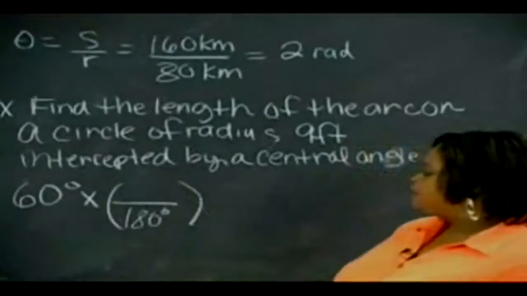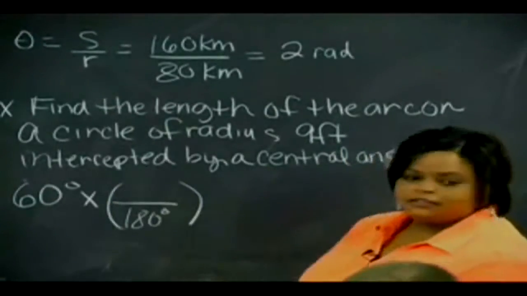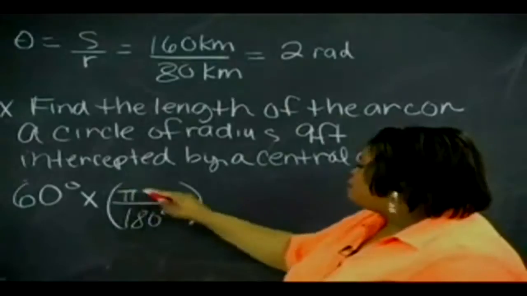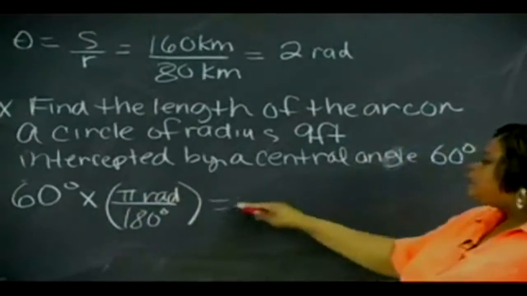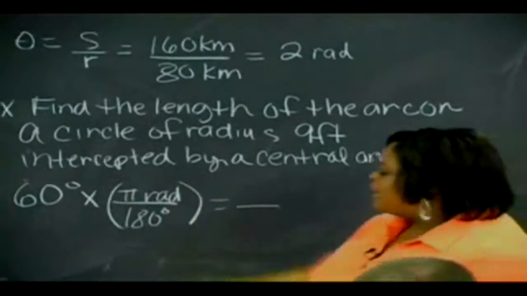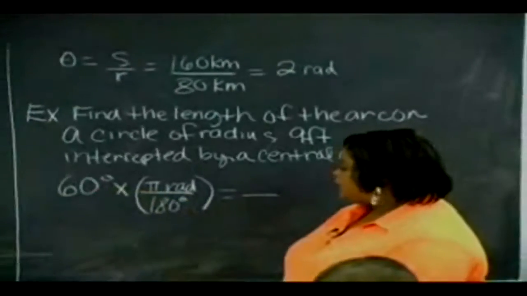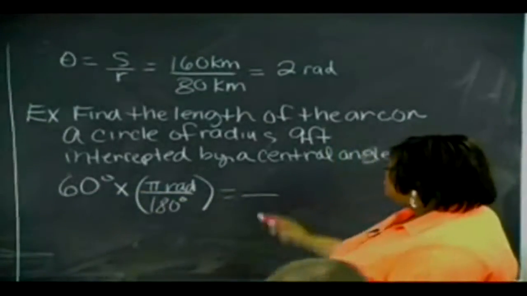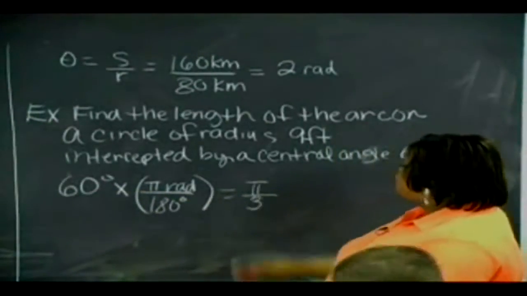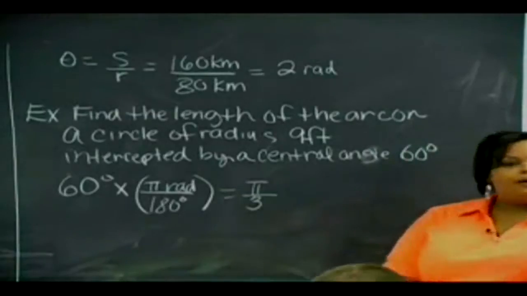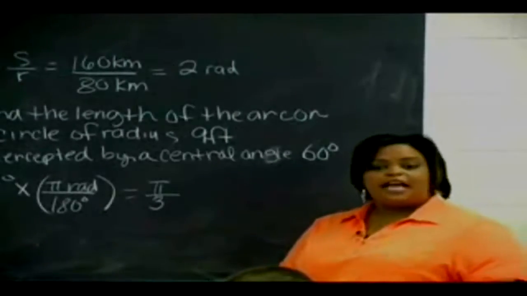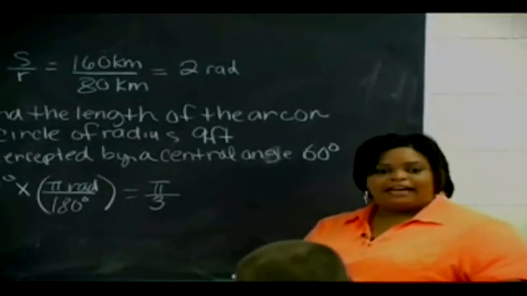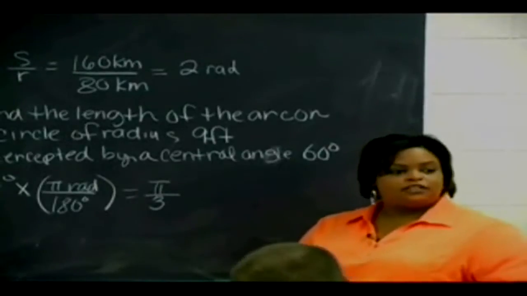And what goes here? Pi. Remember, pi radians equals 180 degrees. So in essence, I need to simplify 60 over 180, which simplifies to 1 over 3. So what I have is an angle pi over 3. Now I have converted my angle into radian mode.